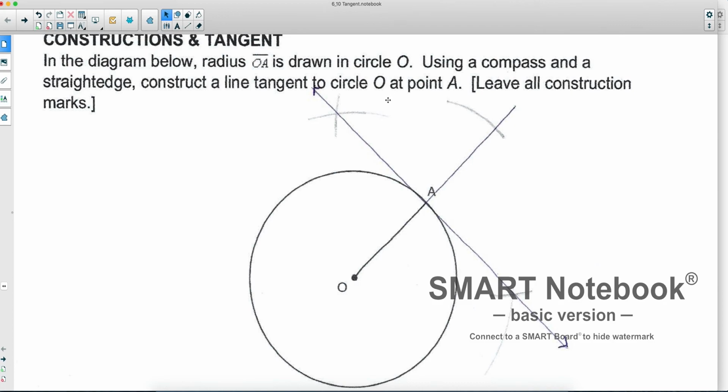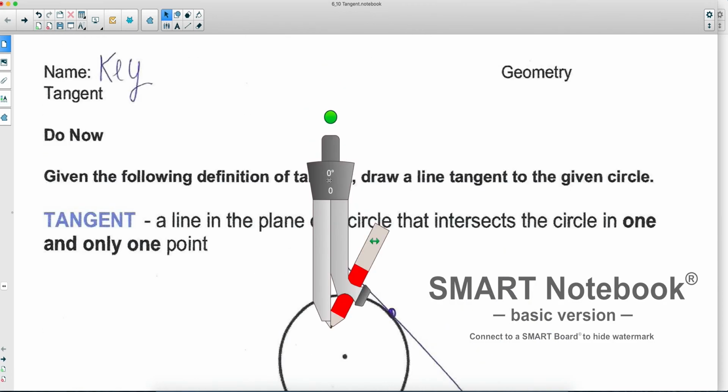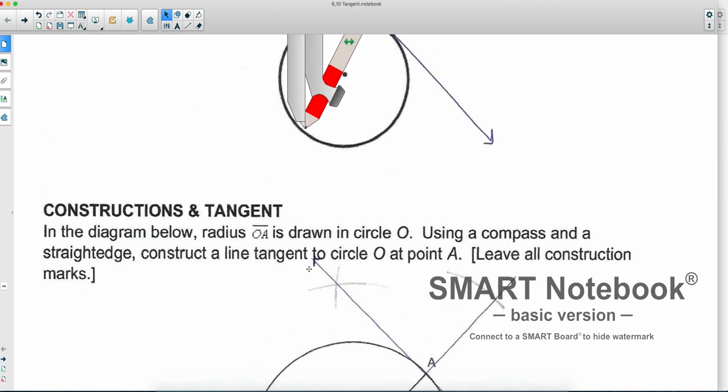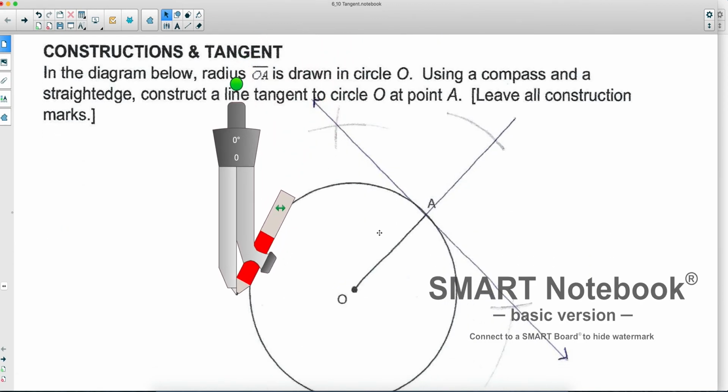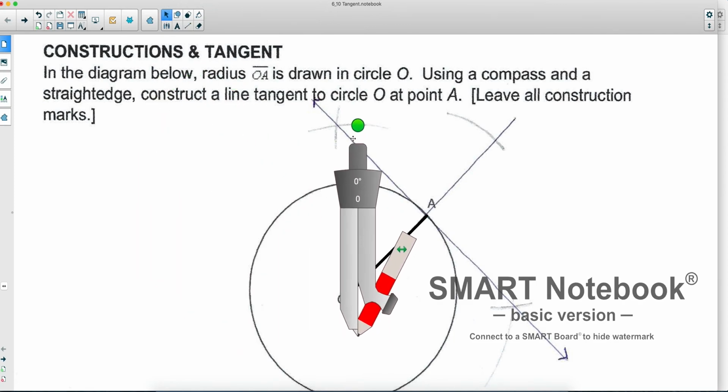A tangent has to touch the circle at only one point. If they only gave us OA, we can figure out how to draw a line that only touches A and is perpendicular to it. The way we would do that is by constructing a perpendicular bisector.